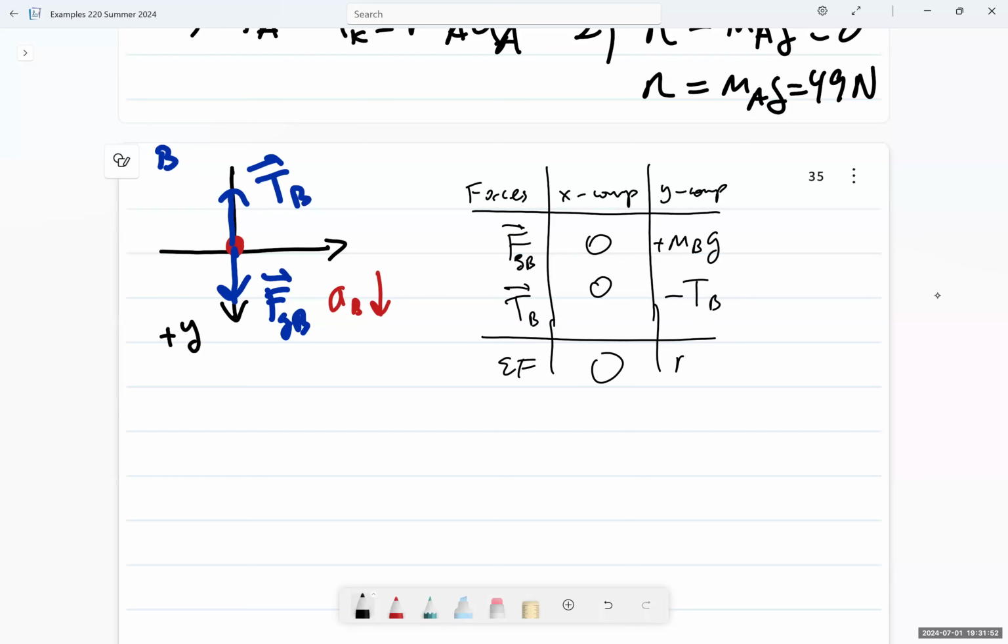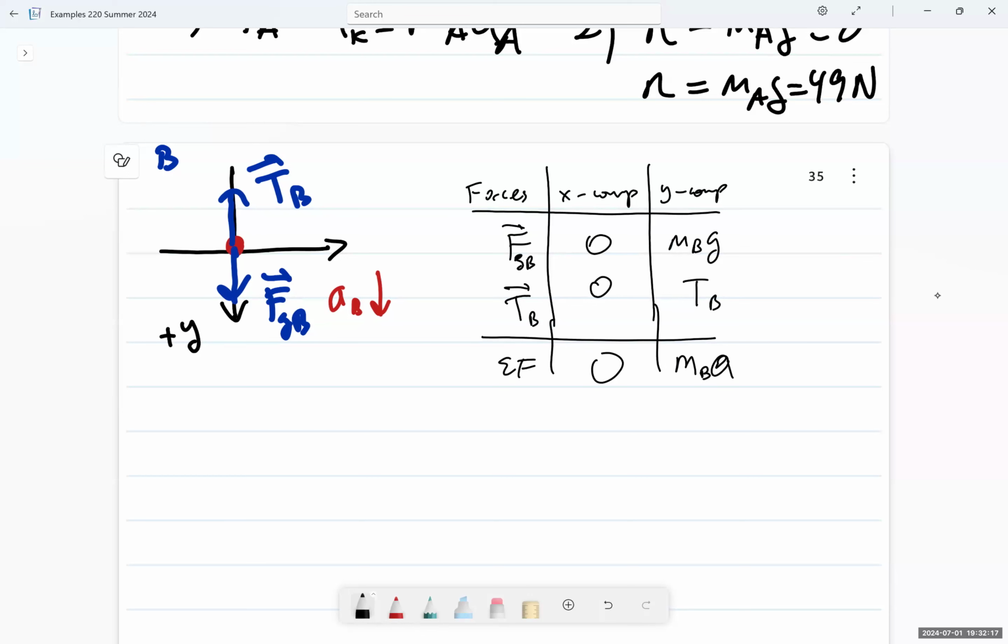I'm doing this so that mass of B times A is positive. If I took up as positive, then this would be negative and this positive, but I would have had to manually put a negative here because acceleration is negative. So it's just something for convenience. We just take down as positive if we know that it accelerates down.